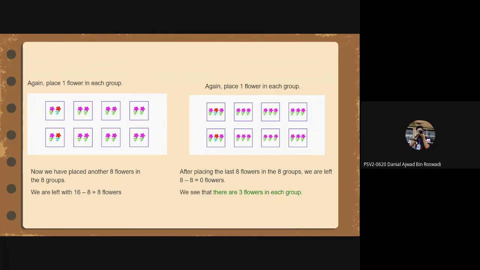Now we have placed another 8 flowers in the 8 groups. We are left with 16 minus 8 equal to 8 flowers. Again, place one flower in each group. After placing the last 8 flowers in the 8 groups, we are left with 8 minus 8, so 0 flowers. We see that there are 3 flowers in each group.